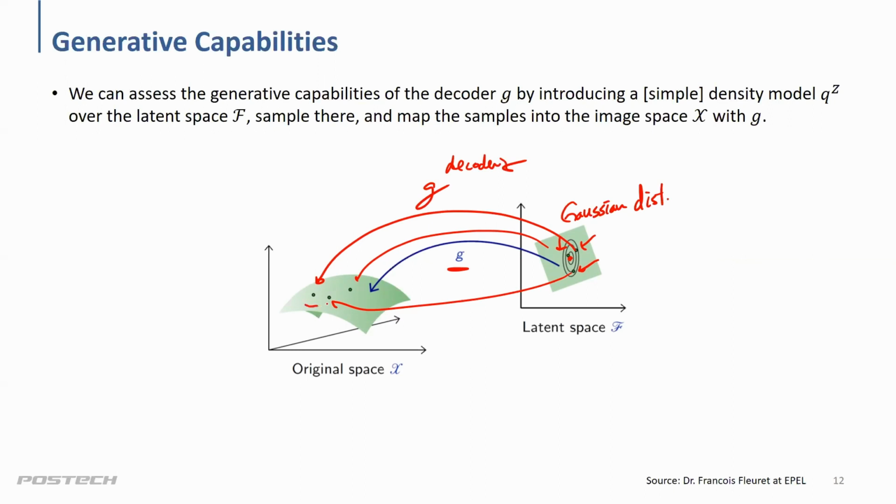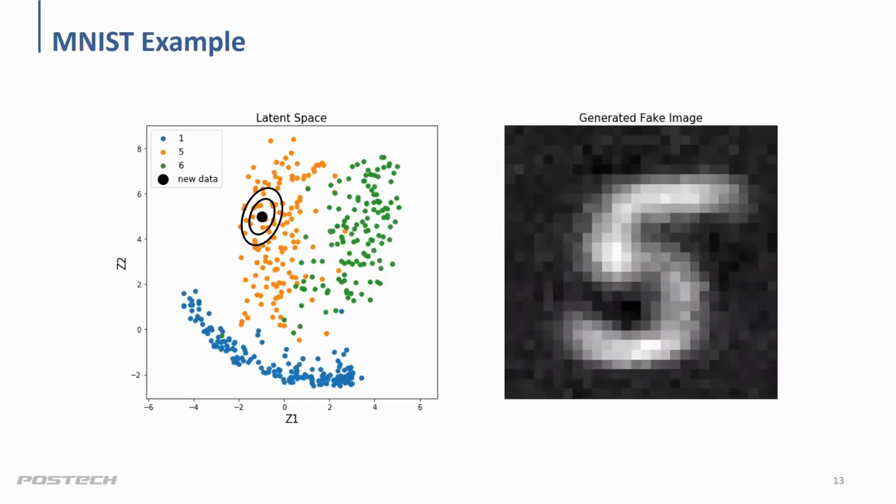We will get some values in the original space. That's a generated one. That's how I do it. And probably here, I will generate a 5, things like this.